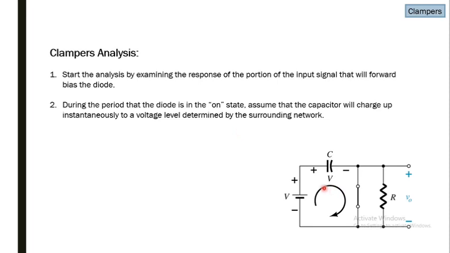In this circuit, we have a short circuit instead of a resistive element. So R is 0, which means tau is 0. That is why the capacitor will be charged up to the voltage level determined by the surrounding network instantaneously.